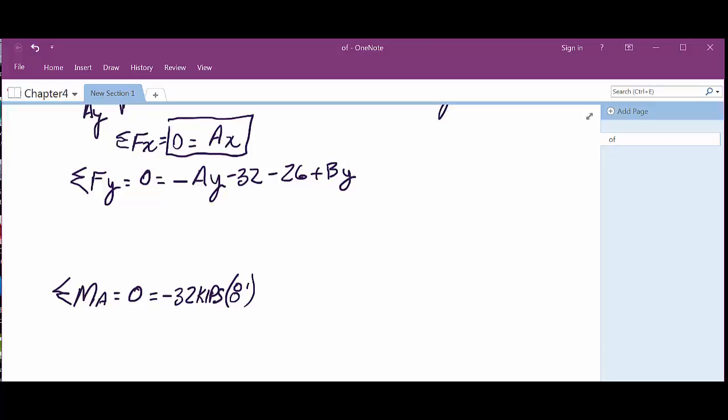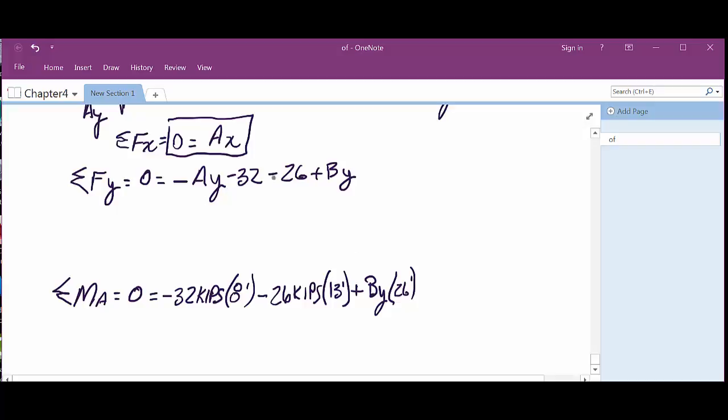It's going clockwise, which is negative. Minus 26 kips at 13 feet. Plus BY, which is making it go counterclockwise, at 26 feet.